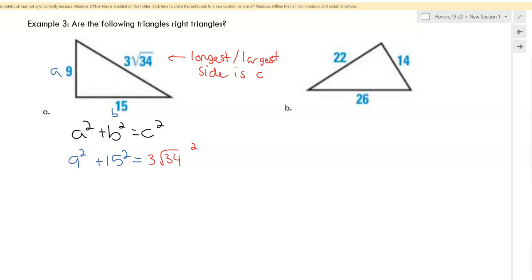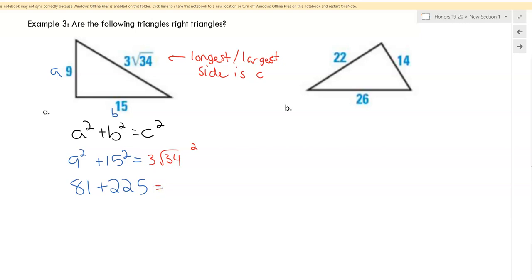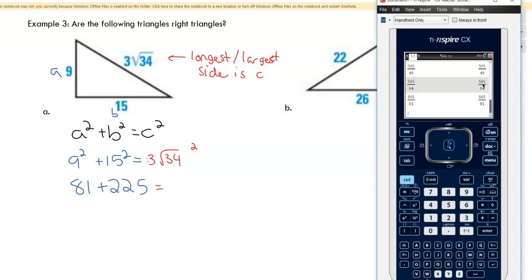So 9 squared is 81. 15 squared is 225. And that should equal, if I do 3 times the square root of 34 squared, I square both of these things. So 3 squared is 9, and the square root of 34 squared is just 34. And I'd multiply those together. Or, with parentheses, I can type this whole thing in my calculator and square it.